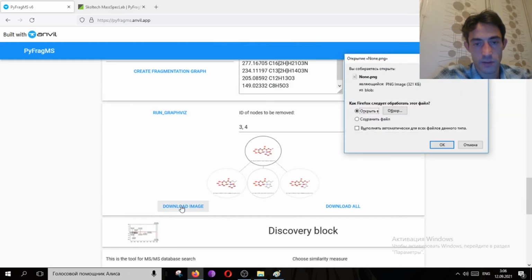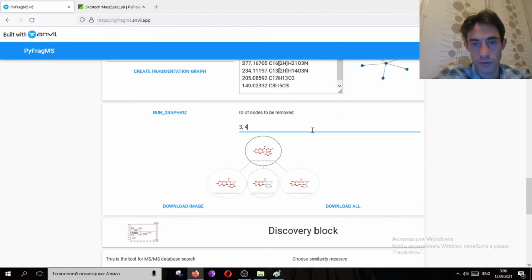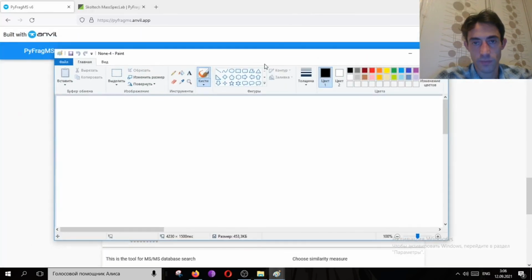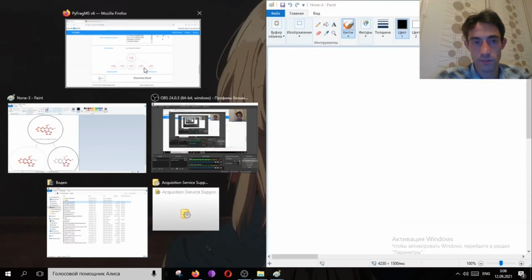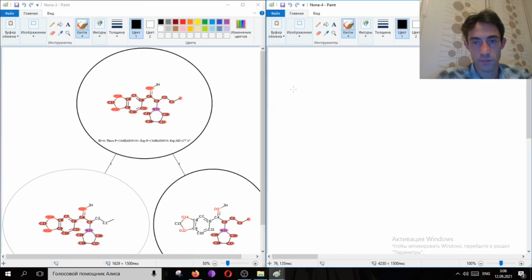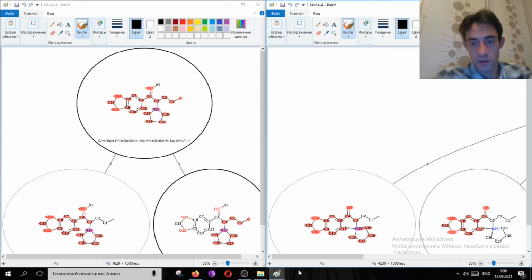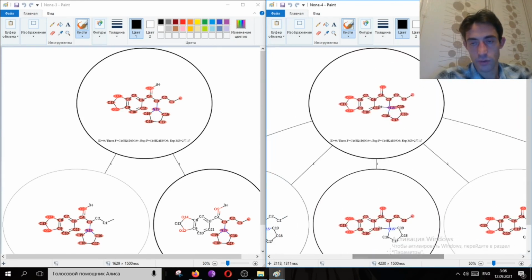And let's download the image. So what do we have here? Pay attention: deuteration here and deuteration here.